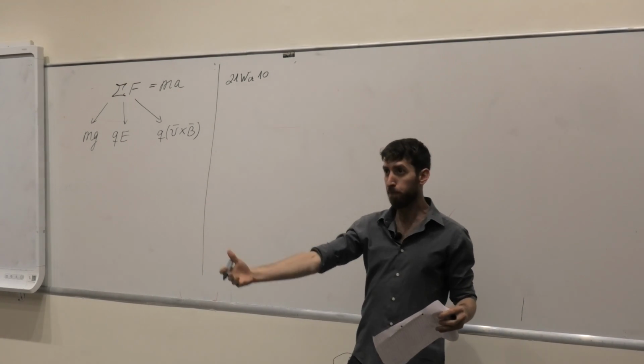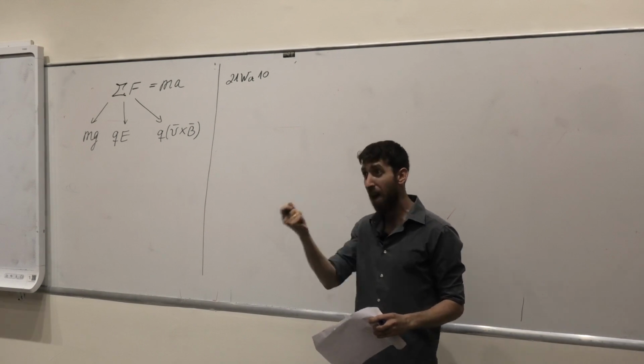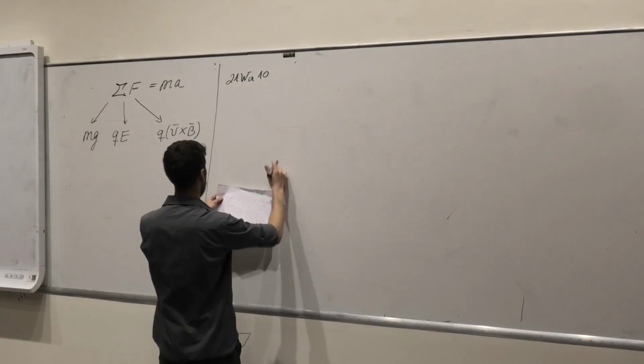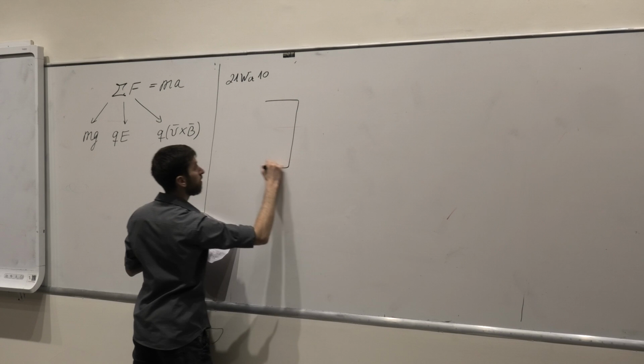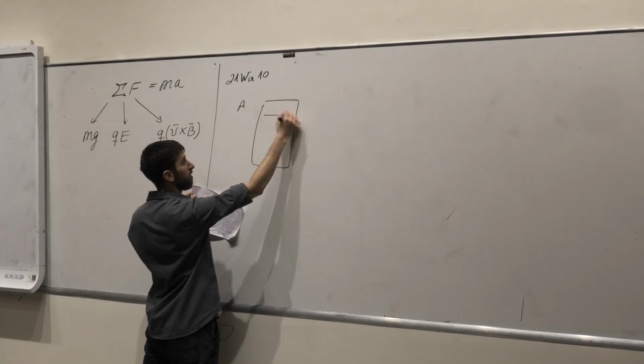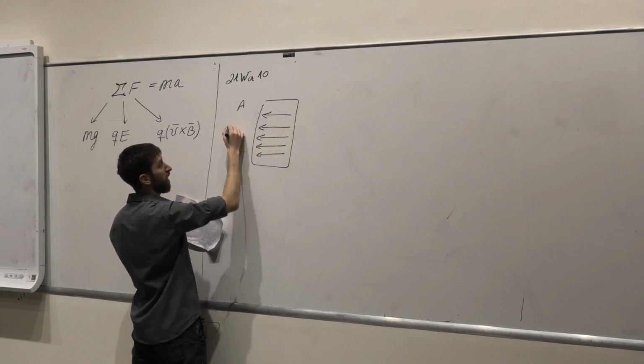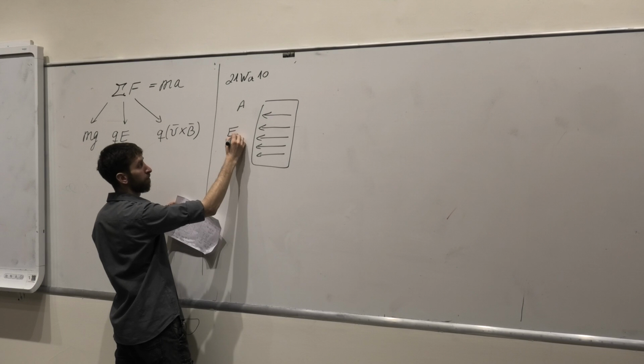You have a mass in your experiment, in your startup, and you want to understand how heavy it is, so you use this device. At the first region, let's call it region A, you have an electric field that points that way. This is the electric field, okay?